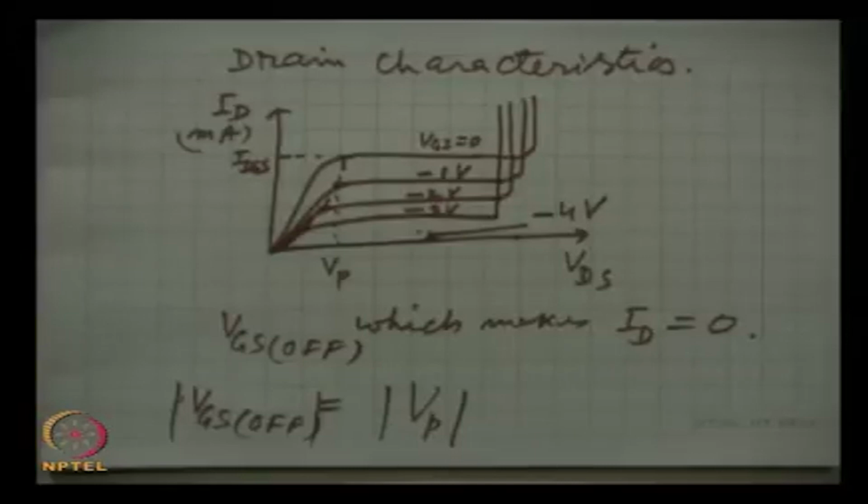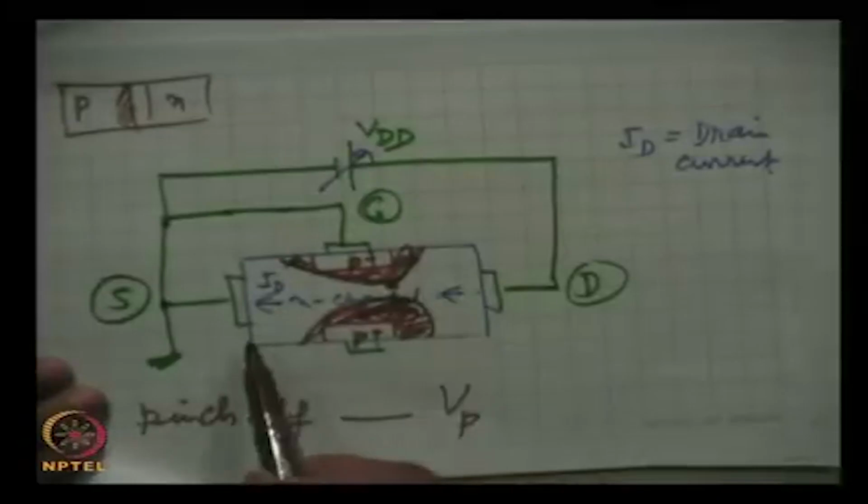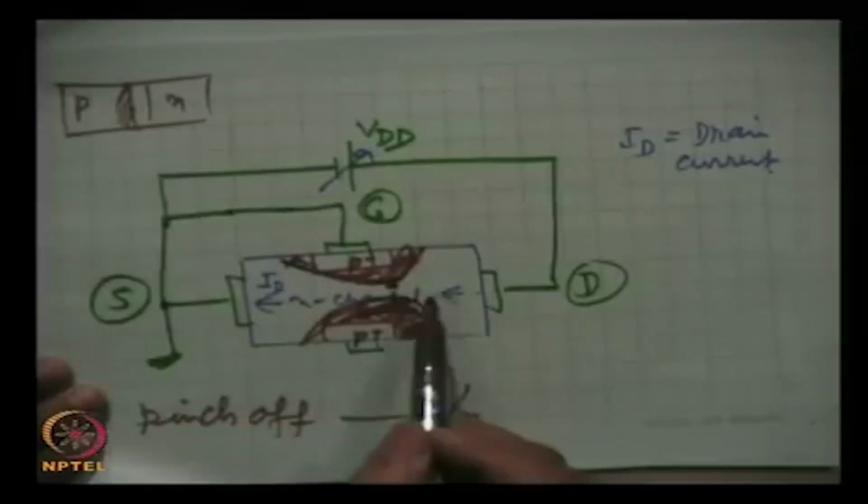Now, the device which we have been talking about so far had an N type channel. We started with N silicon and the channel was N type, and this is actually an N type junction field effect transistor, NJFET.